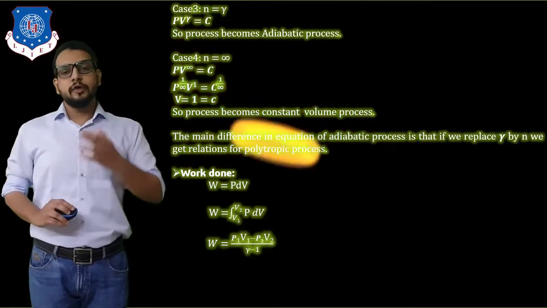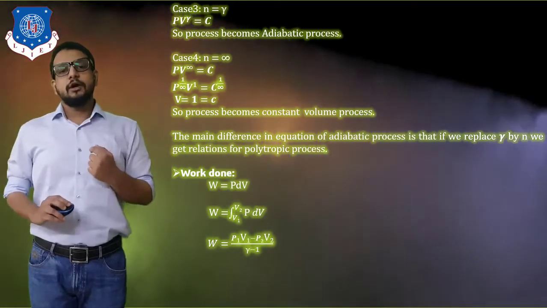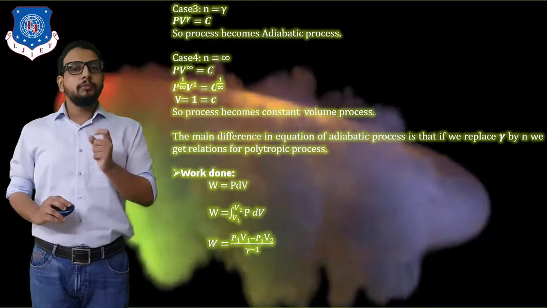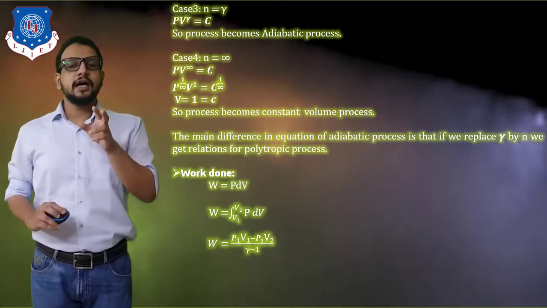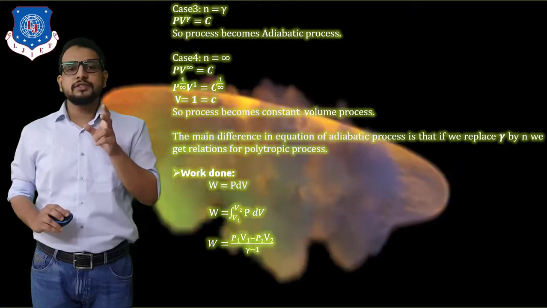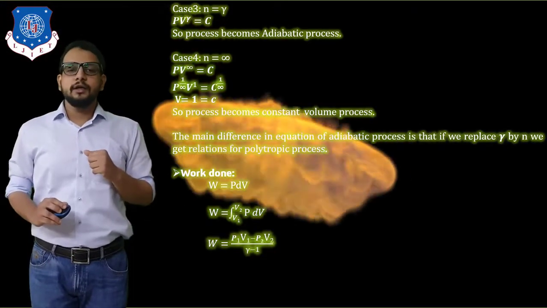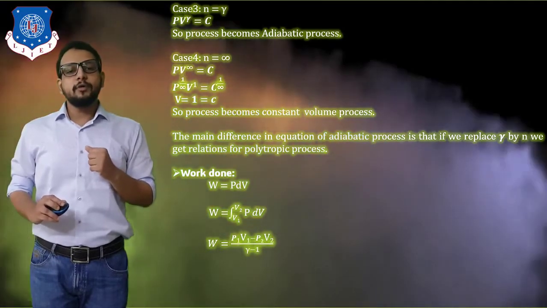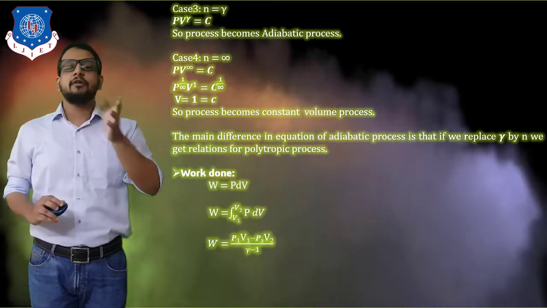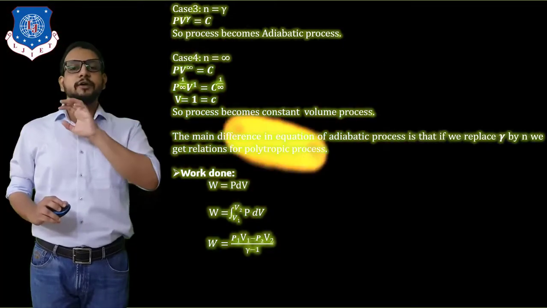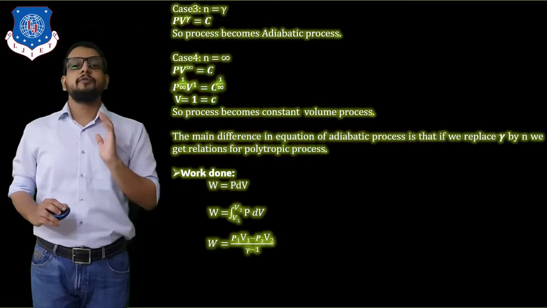Now how? You can see I have written Pv raised to infinity is equal to constant. Remember that our target is to make the power of volume, that is V, equal to 1. So for this I am going to divide the power on both sides by infinity. So I have written P raised to 1 by infinity into V. Now infinity upon infinity we are going to take as 1. Don't relate it with our mathematics, that is L'Hospital rule. Here, we are just going to make the power of volume equal to 1, so I have divided by infinity.